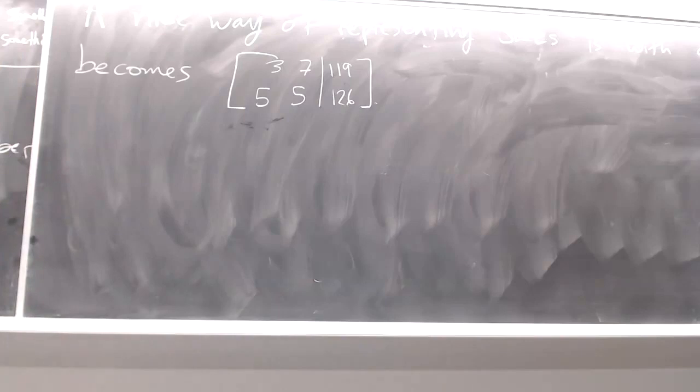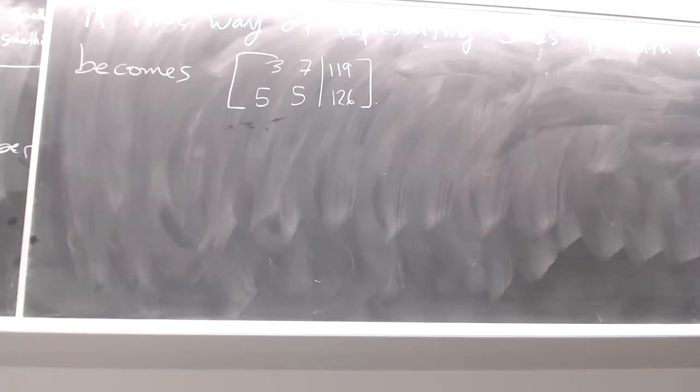So when it says switch two equations, that corresponds to switching two rows of the matrix. Okay, so we can do the same kind of operations. Switching two equations becomes switching rows of the matrix.